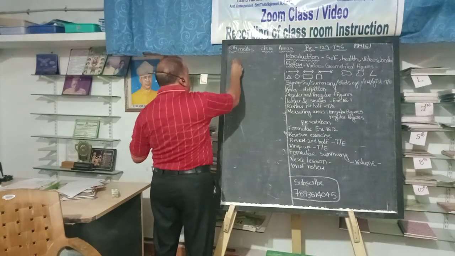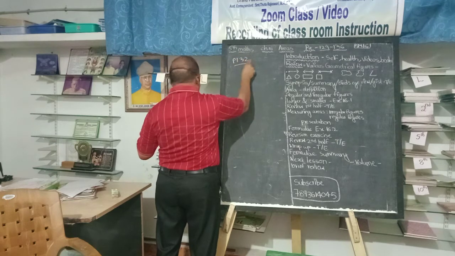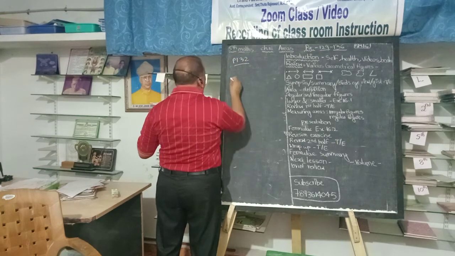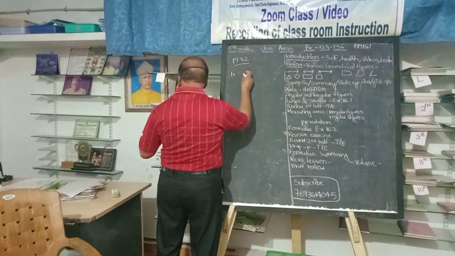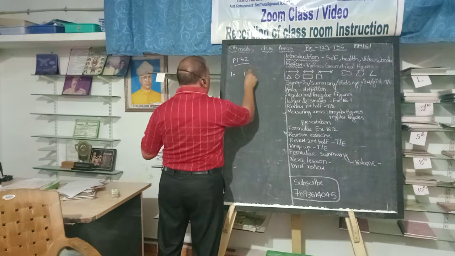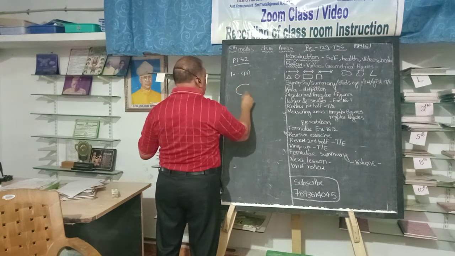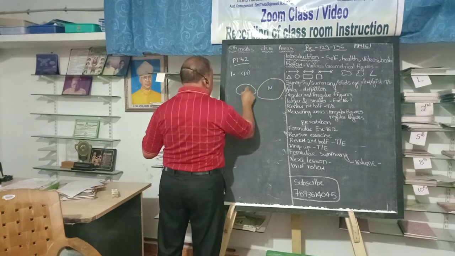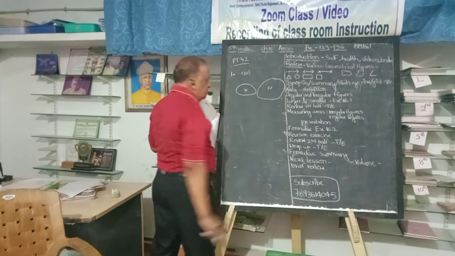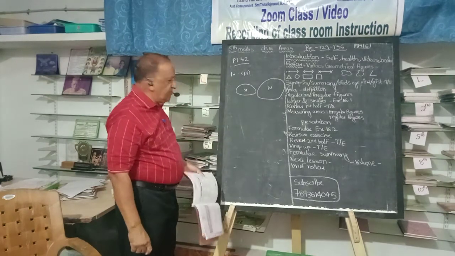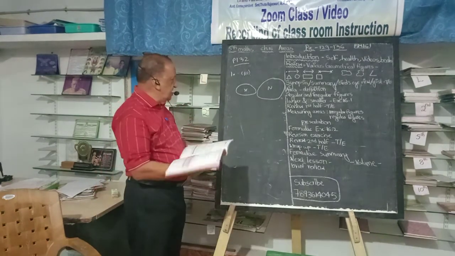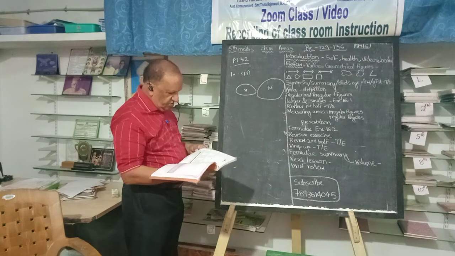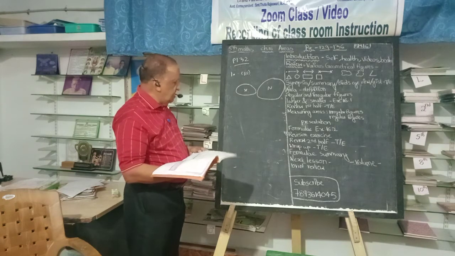You have figures M and N. Which one do you think is larger? You can see that N is a bigger figure than M. So you can say the area of N is larger than the area of M.